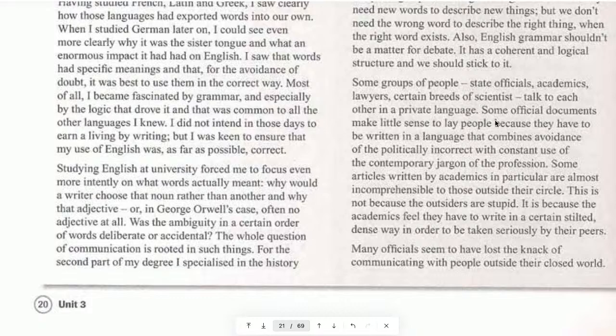What does that tell you? Because if you just read this, what does that tell you? Does that answer the question?